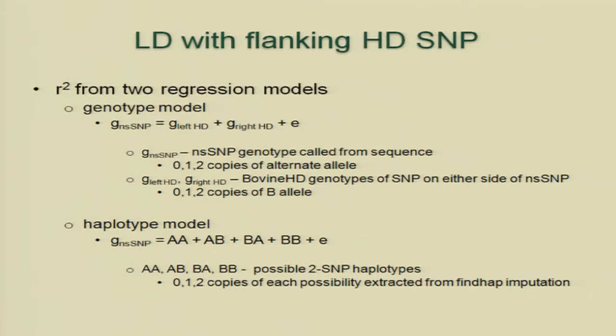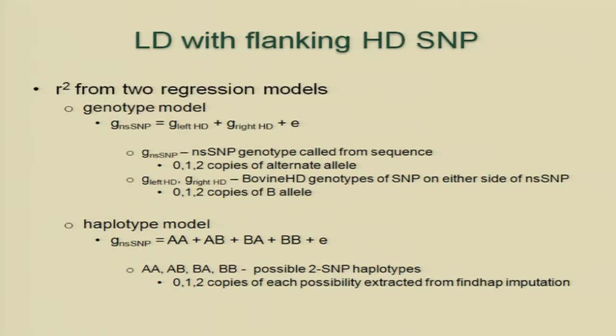And one thing we've been playing with for a long time was, where we might not capture the QTL signal with a single SNP, looking at flanking SNP, so SNP on either side of what we think might be a QTL that might give us a higher correlation than either one of the single SNP.